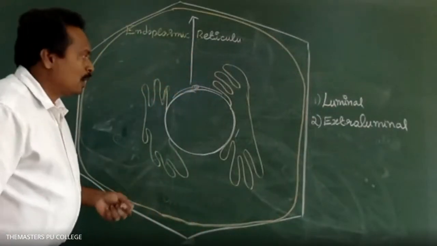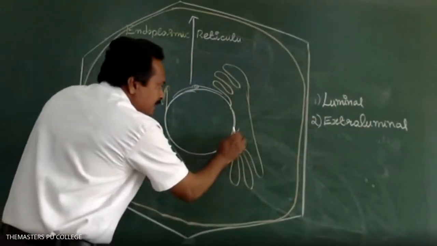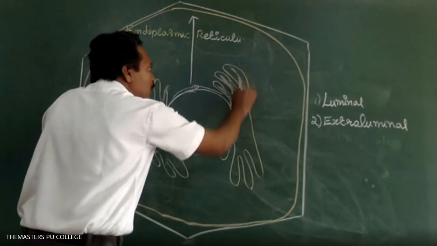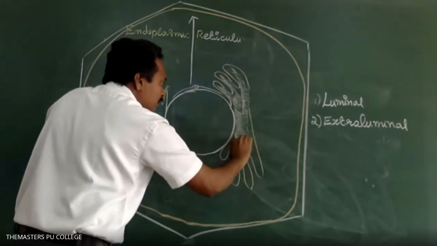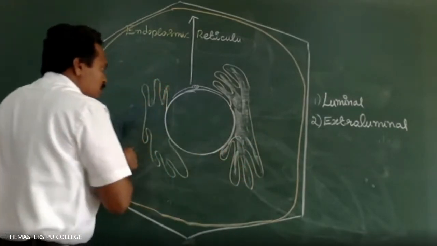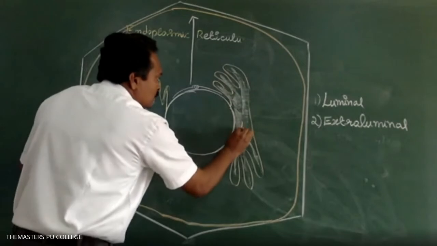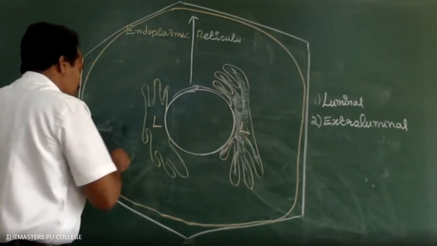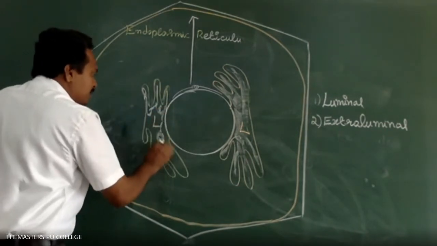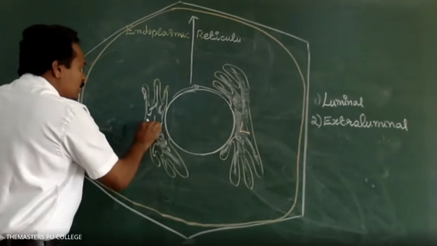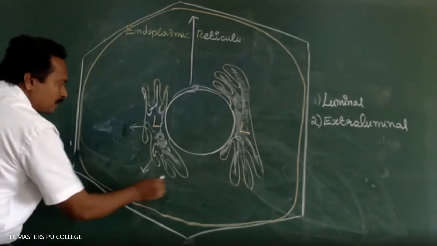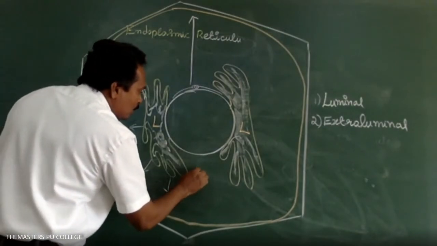Luminal means inside the endoplasmic reticulum. Extraluminal means outside the endoplasmic reticulum. So this part is called extraluminal.